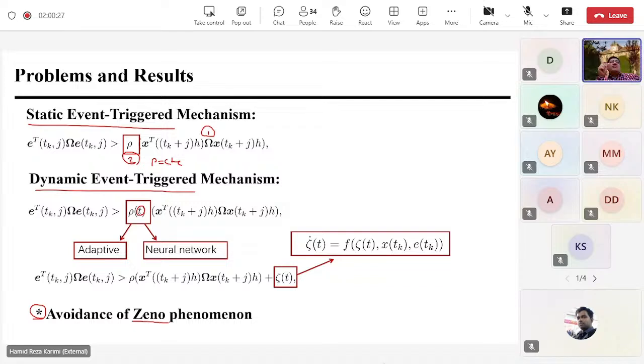There is some research on how to avoid Zeno behavior, which I can explain in another presentation about triggering mechanisms. We can discuss it later.